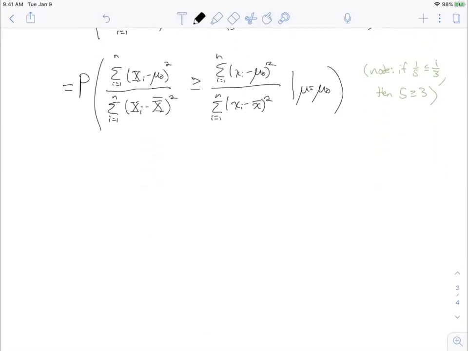All right, now what I want to do is use a result that we arrived at maybe 2 months ago or something, just some algebra.